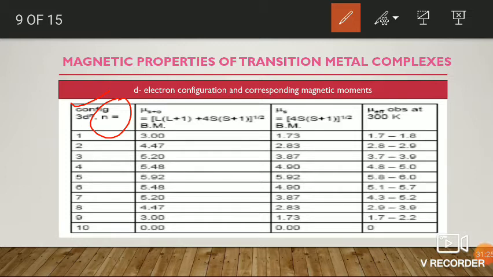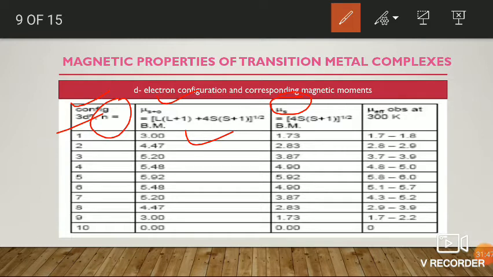According to the equation, the magnetic moment is mu s plus mu l, that is, under root l into l plus 1 plus 4 into s plus 1, whole power 1 by 2. If the number of electrons is 1, it must equal 3.